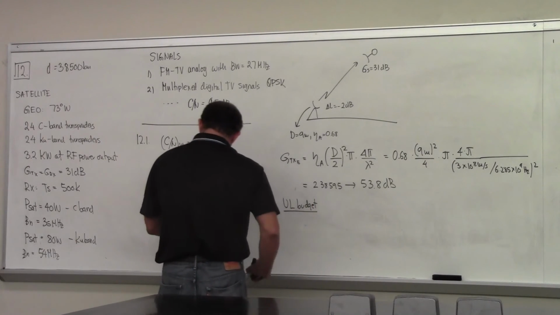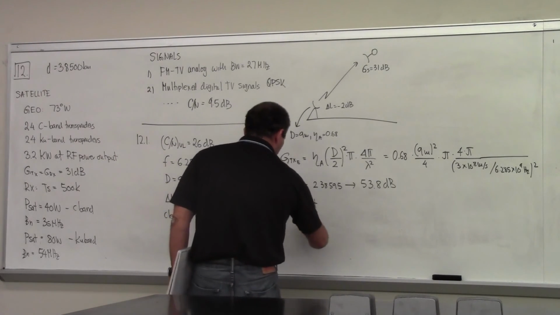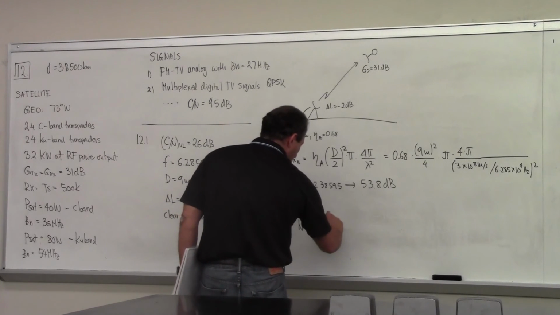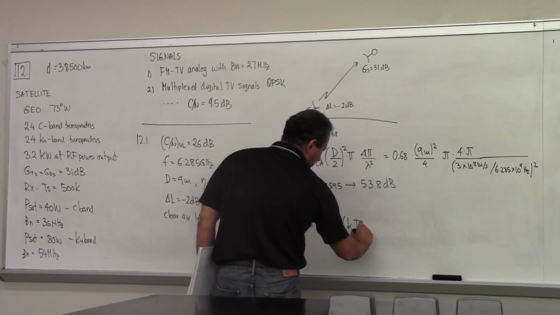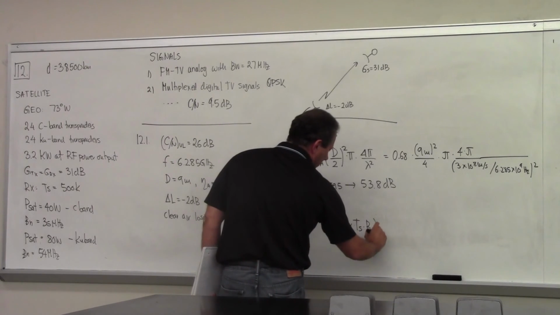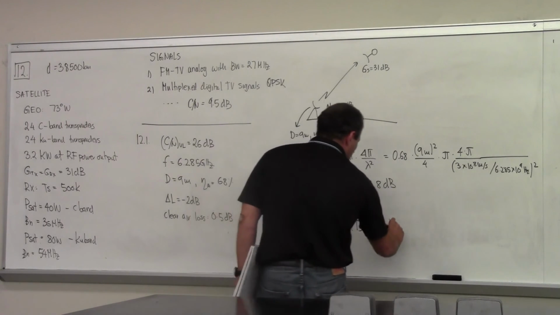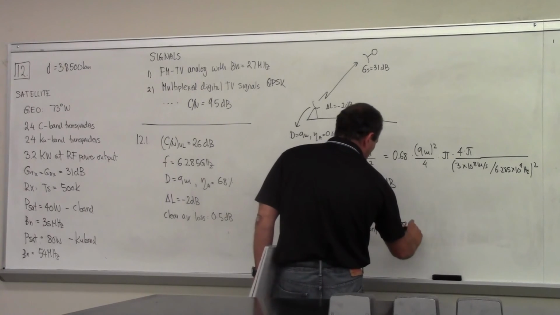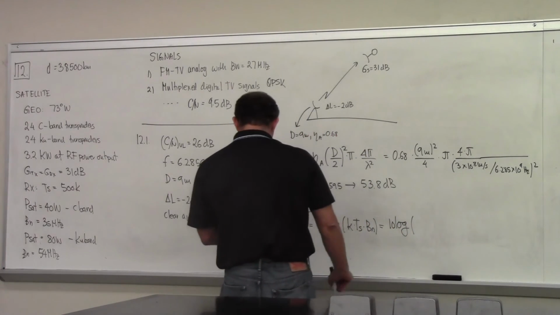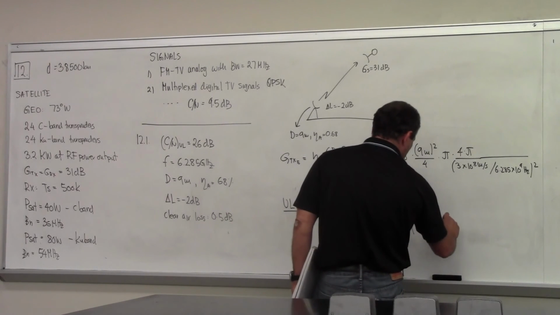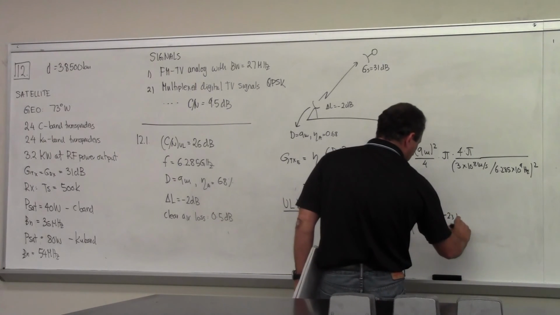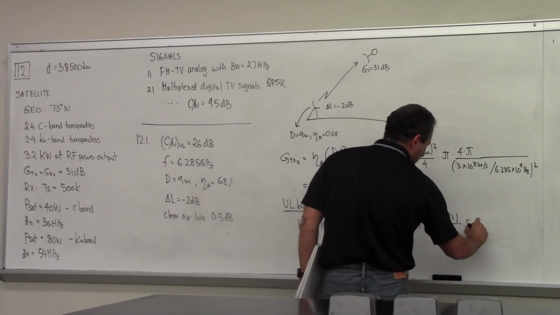Okay. First, let's calculate the noise. The noise is going to be 10 log of k T system times the noise bandwidth. It's going to be 10 log of 1.38 times 10 to the minus 23 joule per Kelvin times 500 Kelvin.